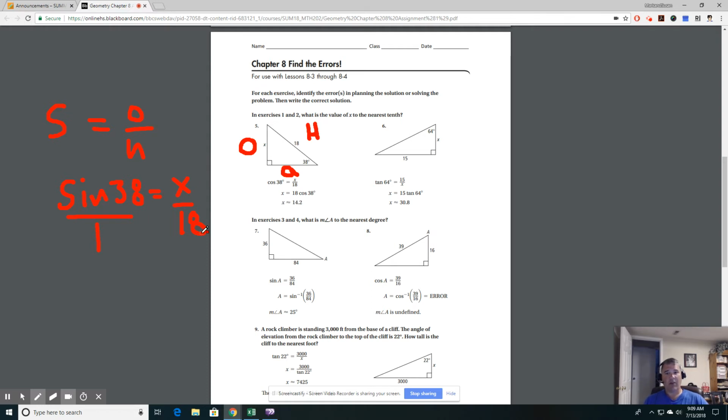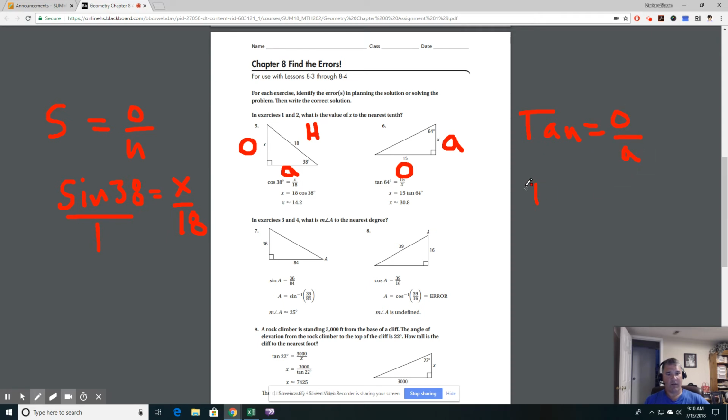So sine of 38 equals x over 18, and then cross multiply. So number 6, from the 64 degrees, 15 is opposite and x is adjacent. Which trig function has opposite and adjacent in it? Tangent equals opposite over adjacent.